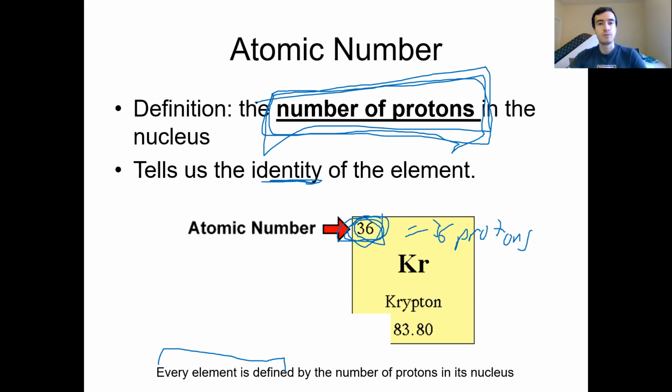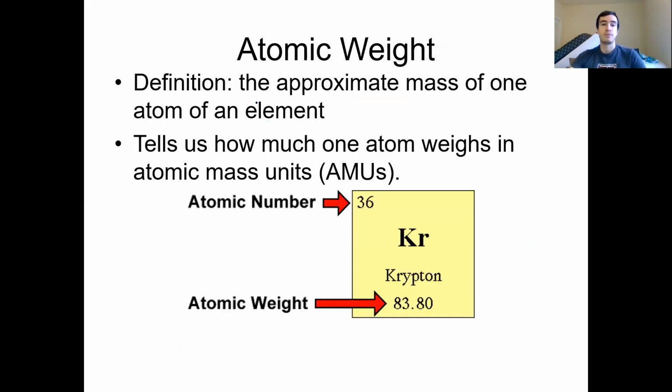All right, so this bottom number down here is our atomic weight, or the atomic mass. It gives us the approximate mass of one atom of an element in what's called atomic mass units. Atoms are so incredibly teeny tiny that we can't weigh them with normal ways of measuring, like pounds or grams or ounces, because every single measurement would be like 0.00000000000000123 grams.